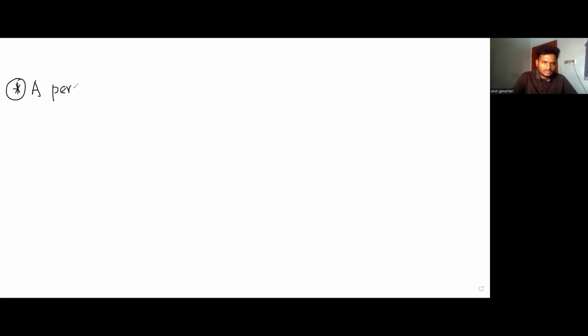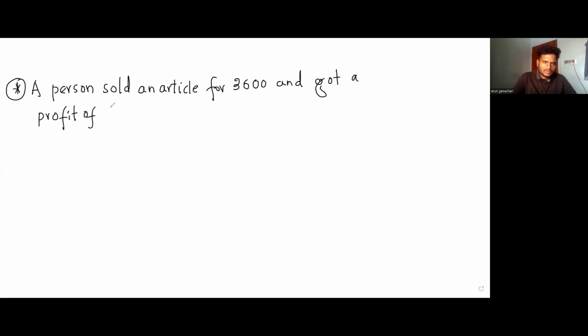A person sold an article for 3,600 and got a profit of 20%.